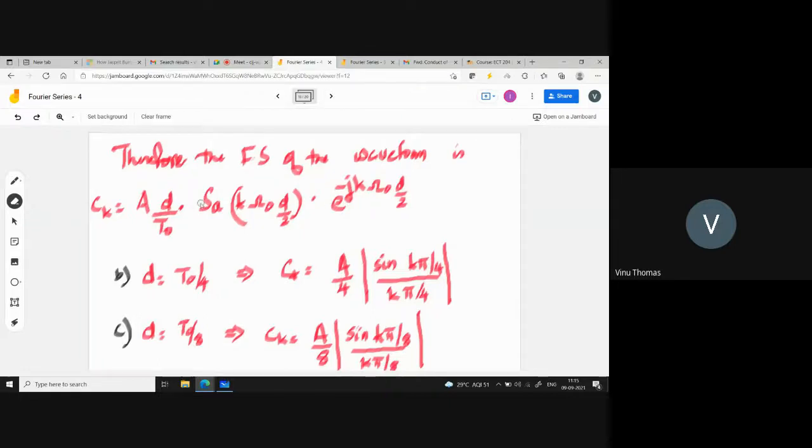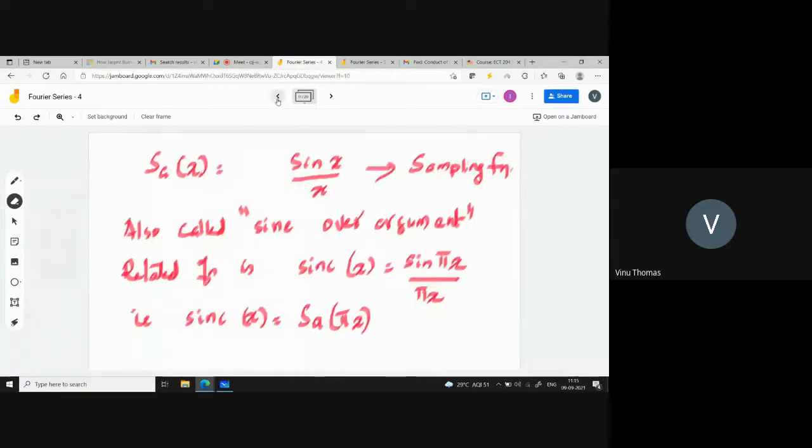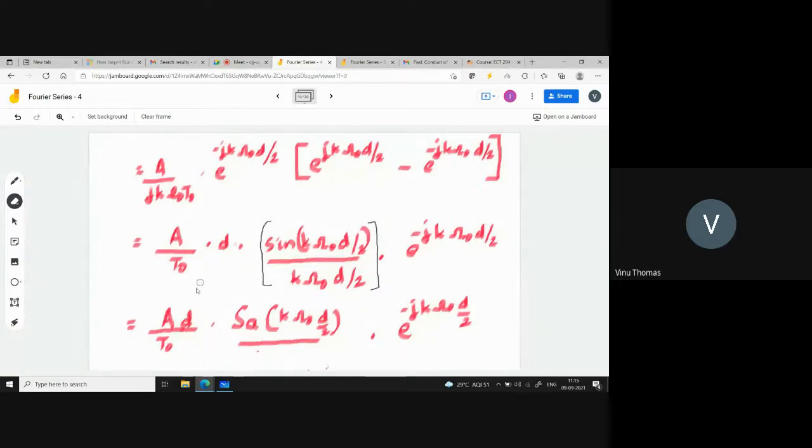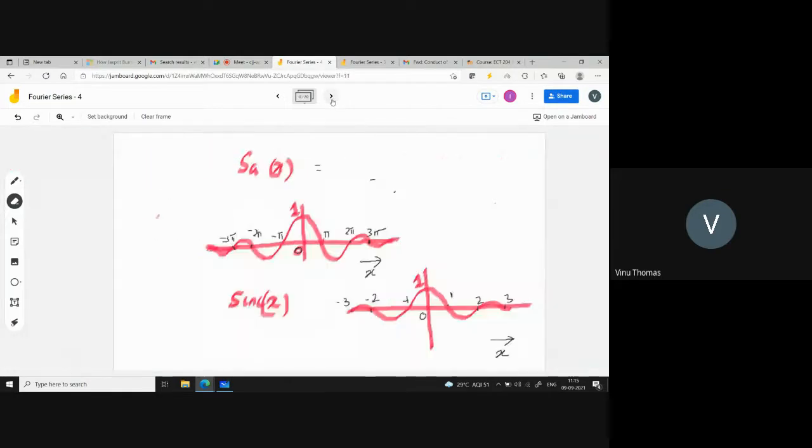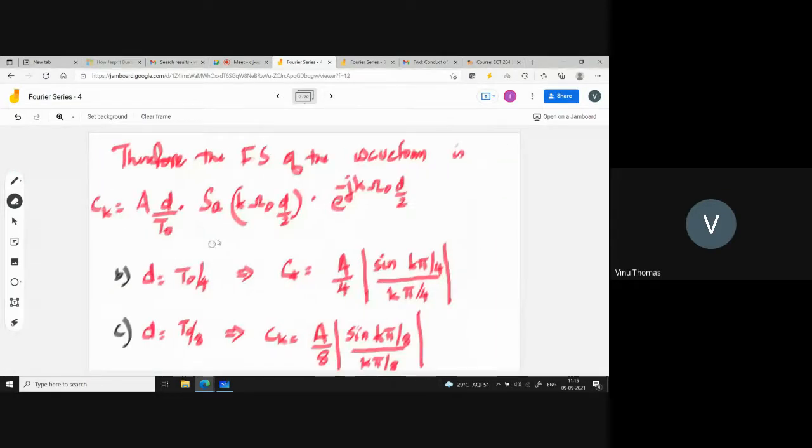So therefore the Fourier series of the waveform is Ck equal to A into d by t0, into SA of k omega 0 d by 2, into e raised to minus jk omega 0 d by 2.